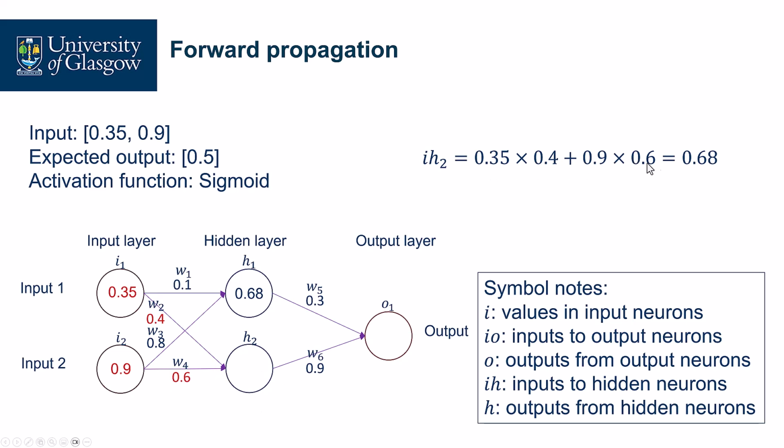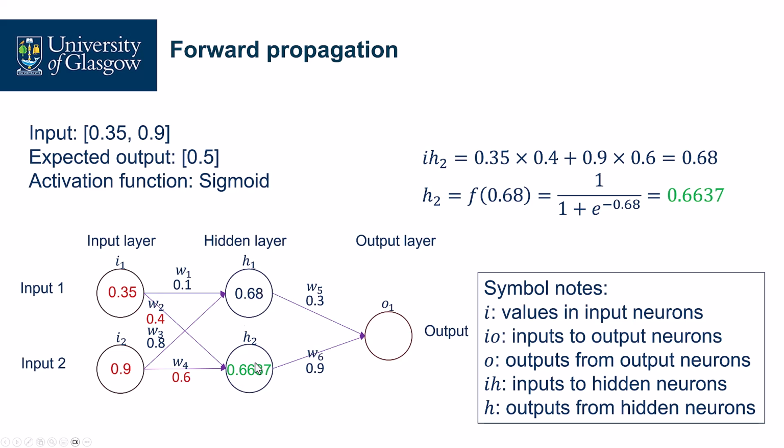We can use this formula to calculate IH2, 0.68. Then what does H2 do next? It goes to the activation function, the sigmoid function. This value comes here, and we have a result for H2. So this H2 is here, and it will be propagated out from the neuron in the hidden layer.